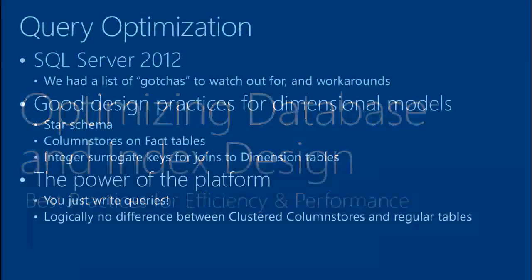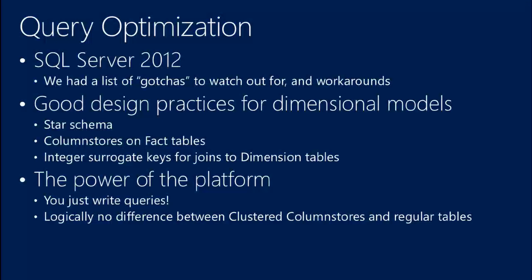Best practices for query optimization. There's a whole list of gotchas and workarounds, and at the end of this deck, there is a link to a FAQ that we have up there around columnstore indexing. That is a really good resource for pretty much every question you might have about SQL 2012 non-clustered columnstore indexes. For query optimization, one of the key things is to practice good dimensional design so we can get a good star schema.